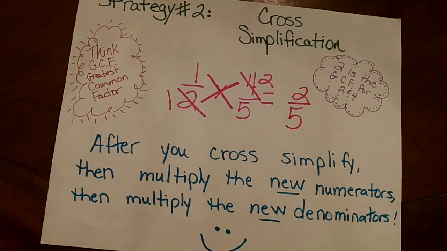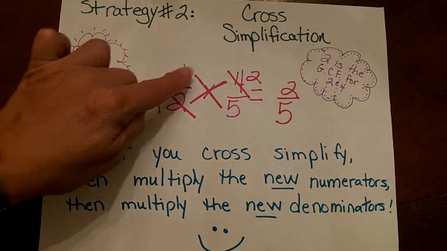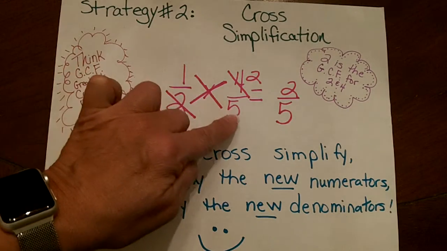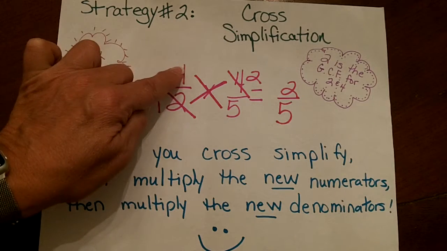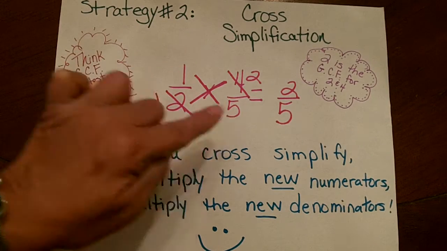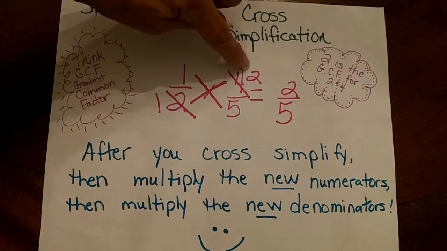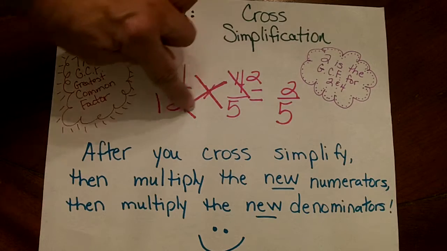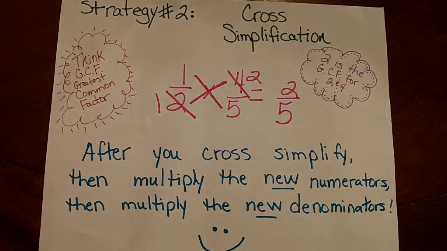And that is how I do my cross simplification. You're looking at these numbers just like you have a giant multiplication sign. It's pointing to the 1 and 5, so I have to look at those. And then I have to look at the 2 and the 4, because this is my slanted part of my multiplication sign here.